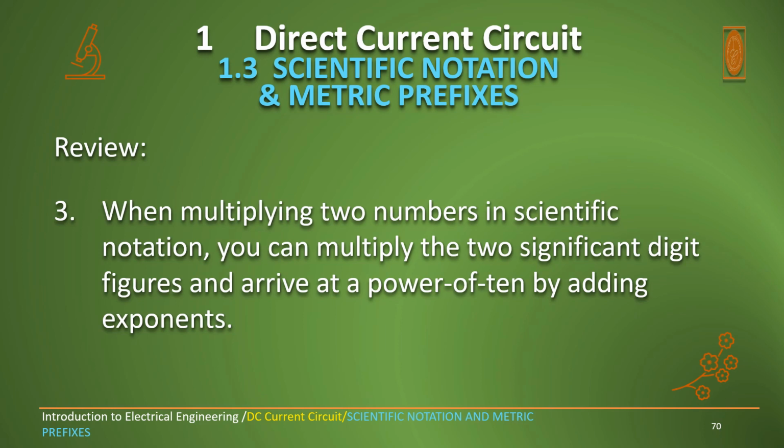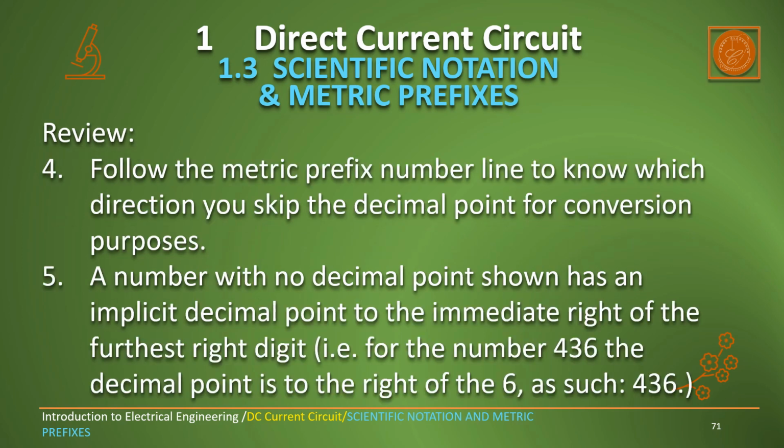Number 3, when multiplying two numbers in scientific notation, you can multiply the two significant digit figures and arrive at a power of 10 by adding exponents.